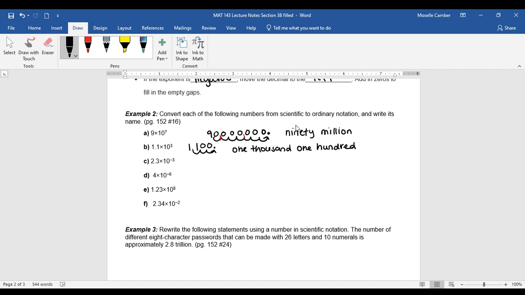Okay. 2.3 times 10 to the negative third. Note this is a negative, which means we're going to move the decimal point to the left. So start with 2.3. And I move the decimal point to the left 3. 1, 2, 3. Fill in the gaps. So it becomes 0.0023. So this number is 23. So just like I said here, like 1100.